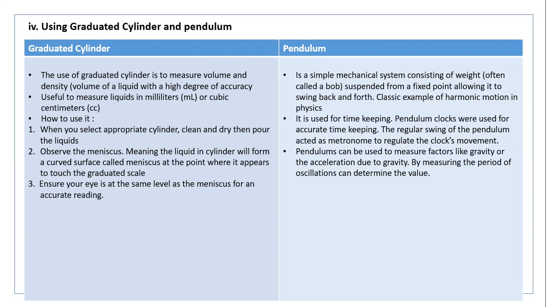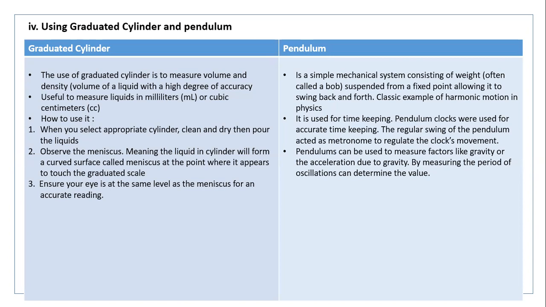Let's look into the pendulum. A pendulum is a very simple mechanical system consisting of a weight, often called a bob, suspended from a fixed point, allowing it to swing back and forth. It is a classic example of harmonic motion in physics. It is used for timekeeping, and pendulum clocks are used for accurate timekeeping.